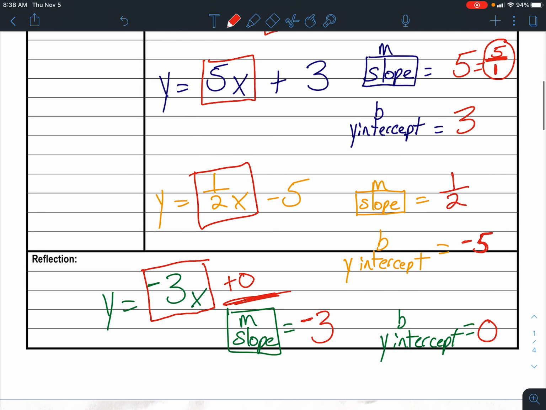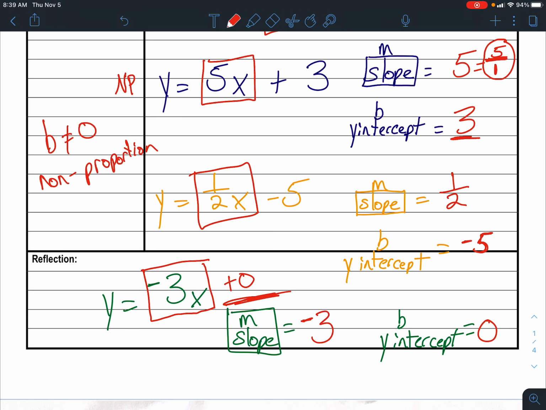Now another thing that we have talked about is proportional versus non-proportional. On anything where your y-intercept is not 0, it is non-proportional. So in other words, this first one, y equals 5x plus 3, would be non-proportional because my y-intercept was 3.